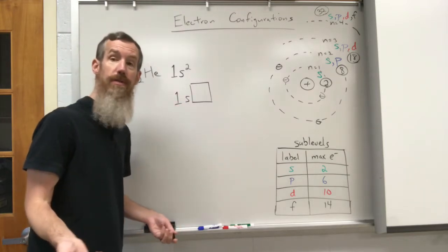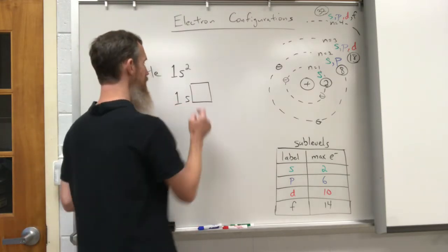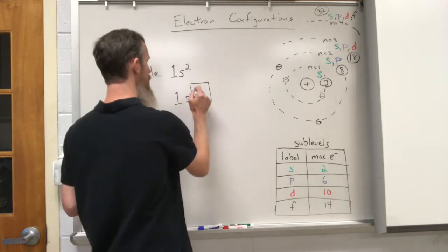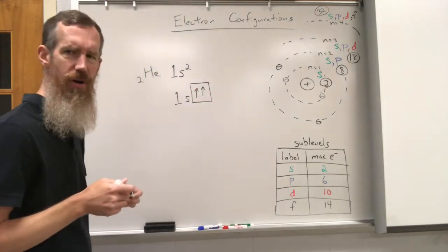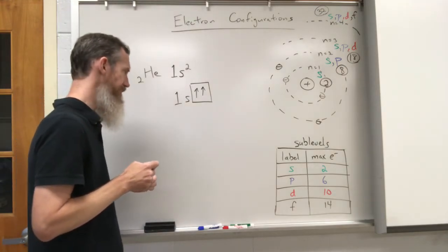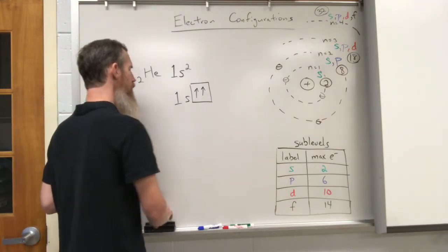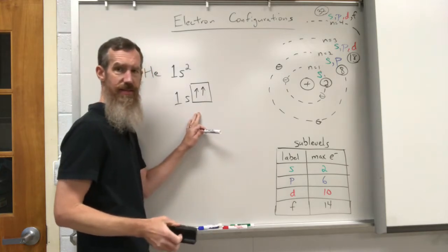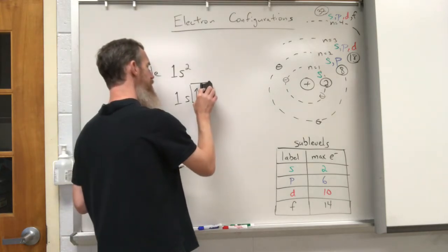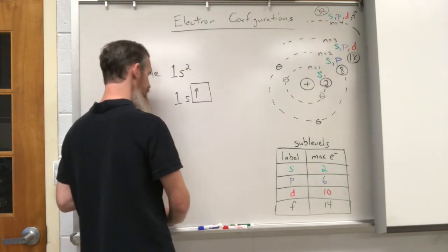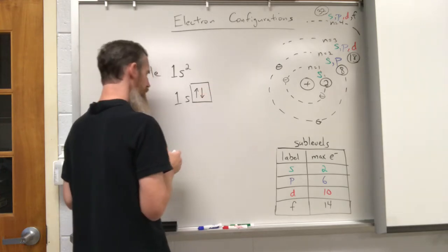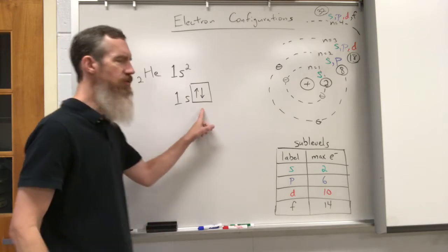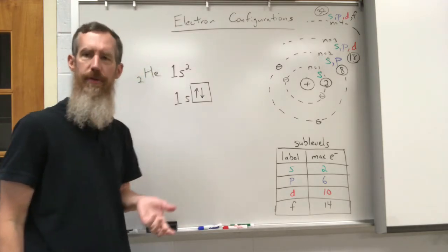Well, I told you an arrow represents an electron. So a lot of students are going to say, oh, I got 2 electrons, 1, 2. And that is not right. That's wrong. When we represent these electrons in these little boxes, we have to have electrons point in opposite directions. This box or line represents what we call an orbital.